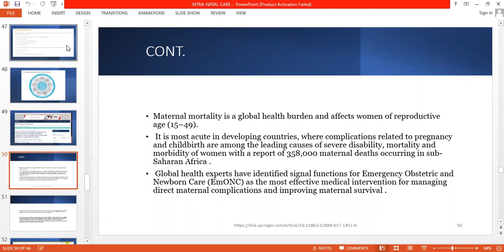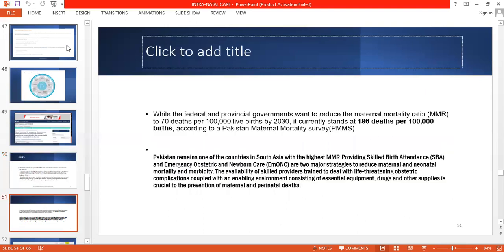It is most acute in developing countries where complications related to pregnancy and childbirth are among the leading causes of severe disability, mortality, and morbidity of women, with a report of 358,000 maternal deaths occurring in sub-Saharan Africa. Global health experts have identified signal functions for emergency obstetric and newborn care as the most effective medical intervention for managing direct maternal complications and improving maternal survival.